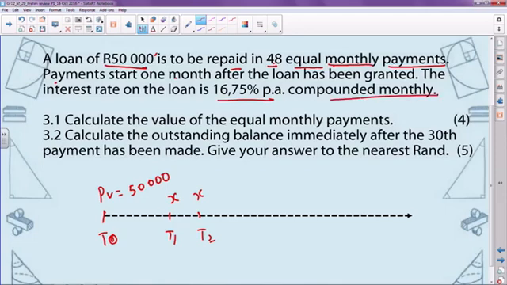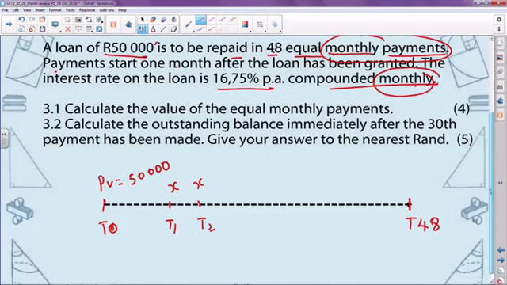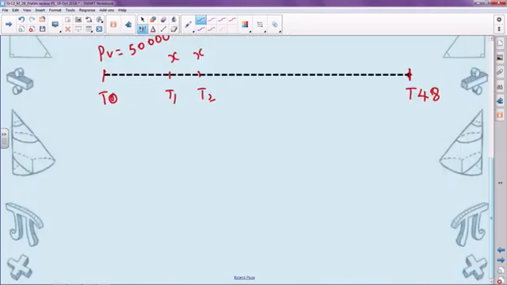Obviously, you need to ensure that your compounding period and the payments themselves correspond. So we've got monthly payments and we've got our interest rate compounded monthly. So we know that this is going to happen up until 48, and we're going to have X of those payments being made.